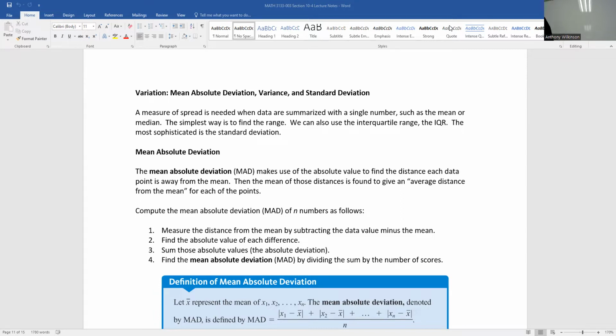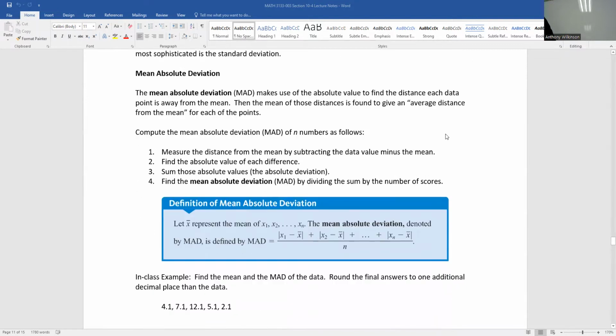In this case, mean absolute deviation is abbreviated MAD. That makes use of the absolute value to find the distance each data point is away from the mean. Then the mean of those distances is found to give what they call an average distance from the mean for each of the points.